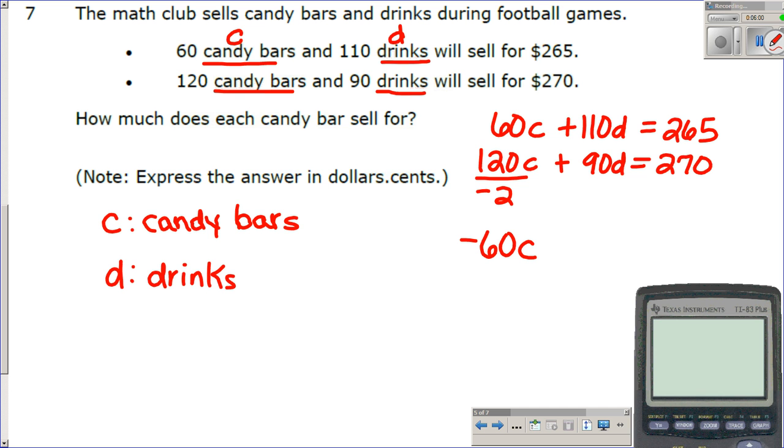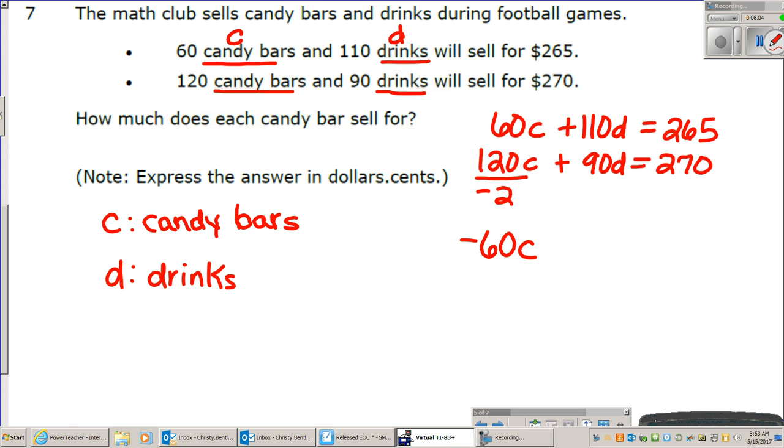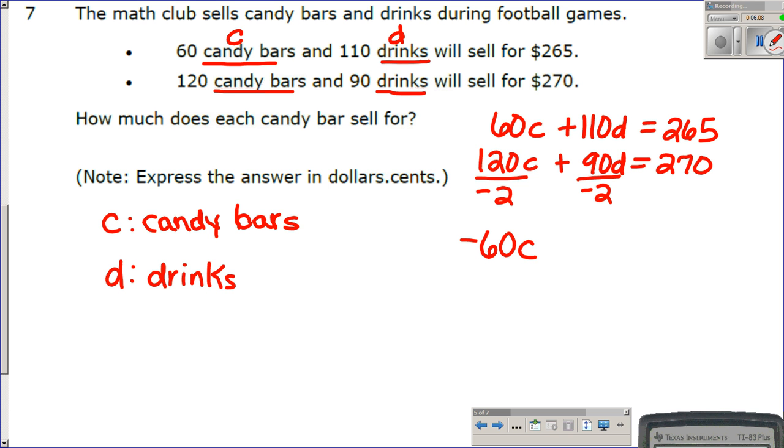Notice this is now the opposite coefficient of the 60 in our first equation. If I divide 90 by -2, that's going to equal -45d. And if I divide 270 by -2, well, let's do a little bit of math here.